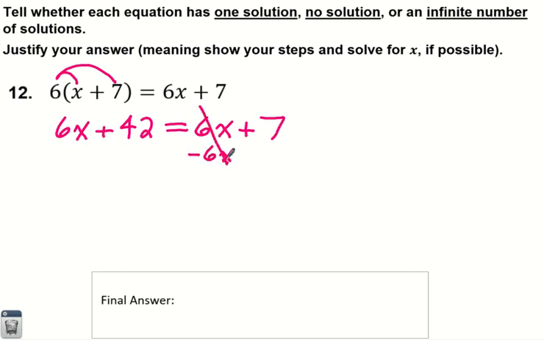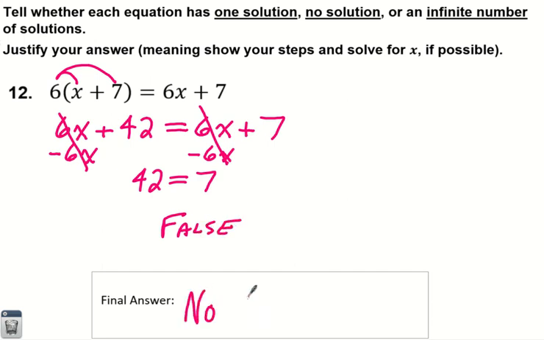And then when we move that x up, the x's cancel out on both sides, and we're left with just a statement that is either true or false. Does 42 actually equal 7? It does not. That is false. So the final answer is that there is no solution when there's a false statement.